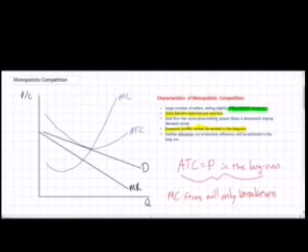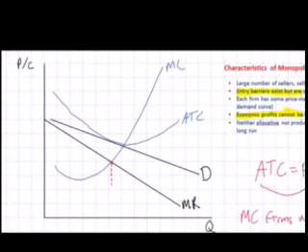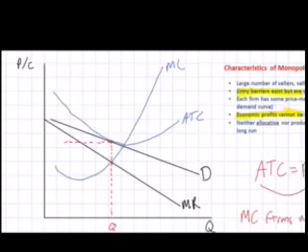Well, I can simply draw the profit maximizing quantity, where MC equals MR, and see that at that quantity, demand is tangent to the ATC. In other words, the price that the individual firms can sell their output for is equal to the firm's ATC. There's no reason for firms to enter or exit this market. Each firm is breaking even. There is no additional economic profits that can be earned. Therefore, new firms will not enter.